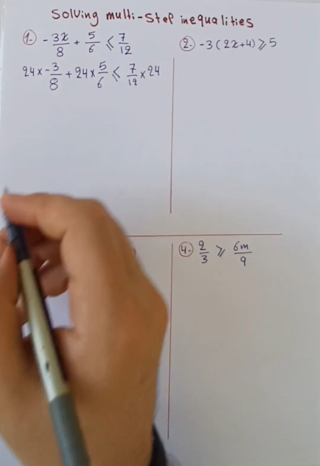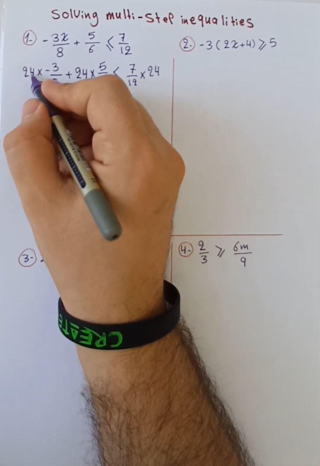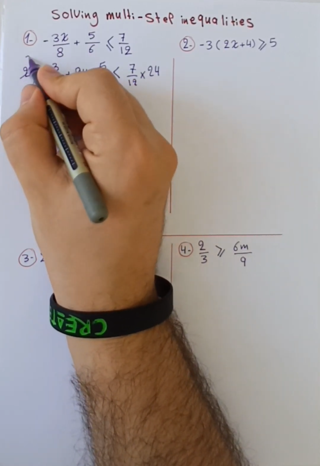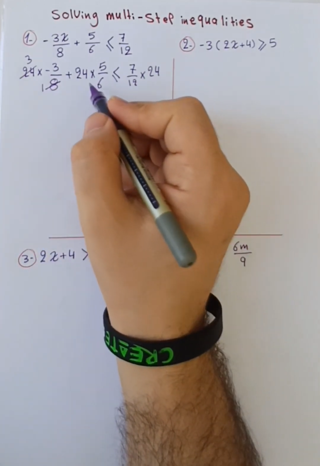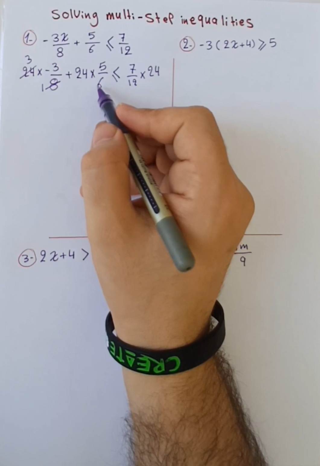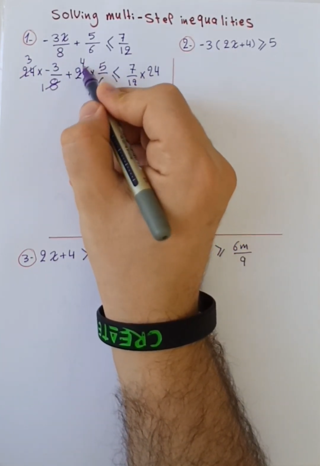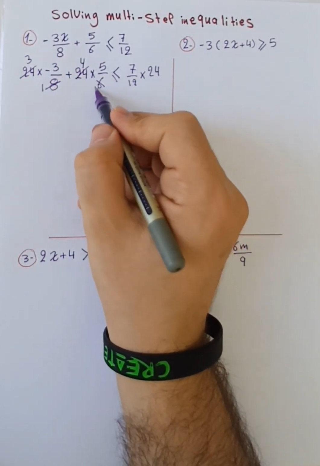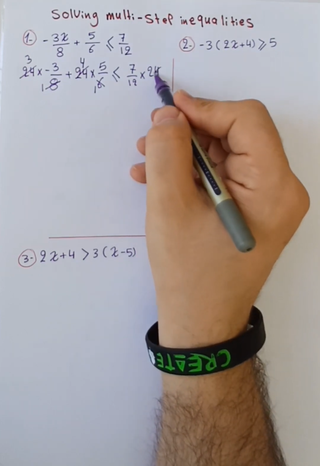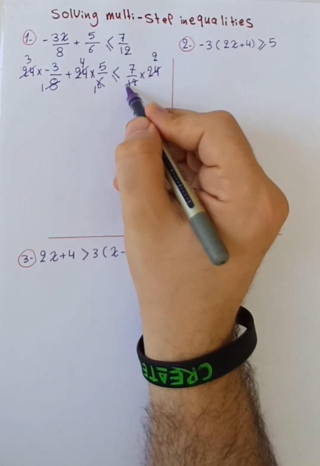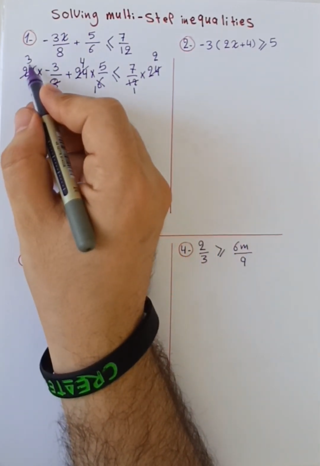After that, 24 and 8 are reduced: 24 divided by 8 is 3, and 8 divided by 8 is 1. 24 divided by 6 is 4, and 6 divided by 6 is 1. 24 divided by 12 is 2, and 12 divided by 12 is 1.